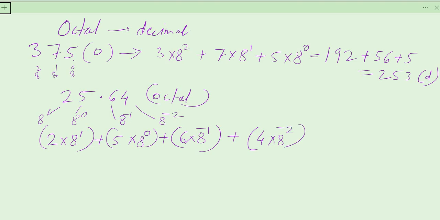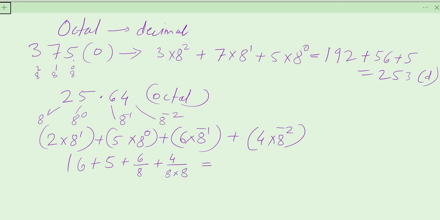So this will be 16 plus 5 plus 6 divided by 8 plus 4 divided by 8 squared.